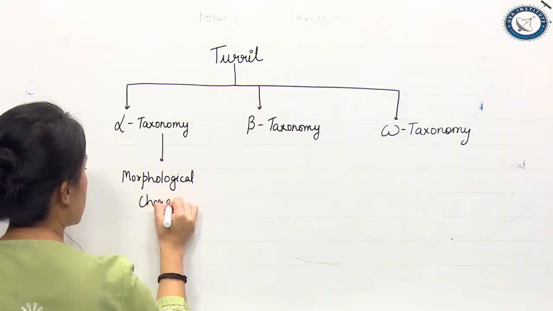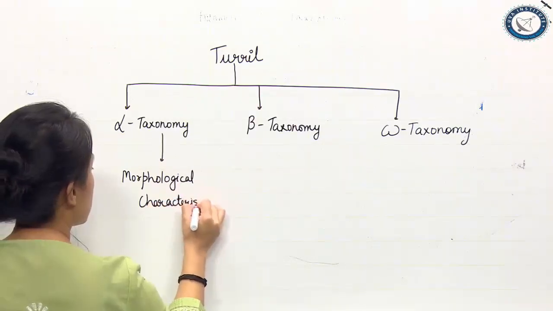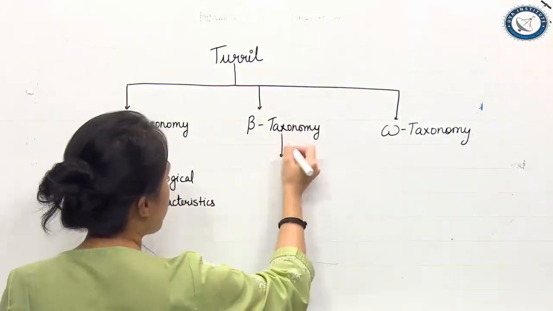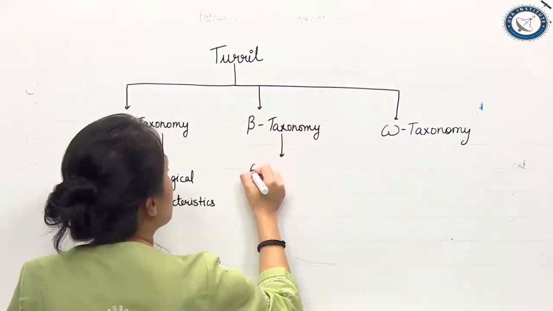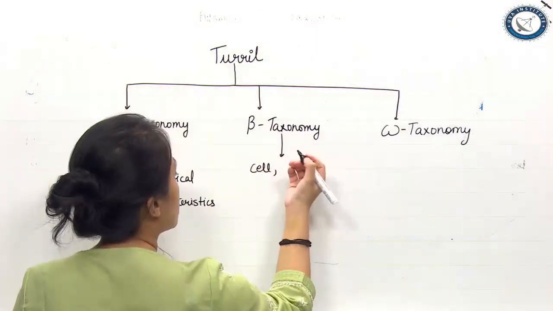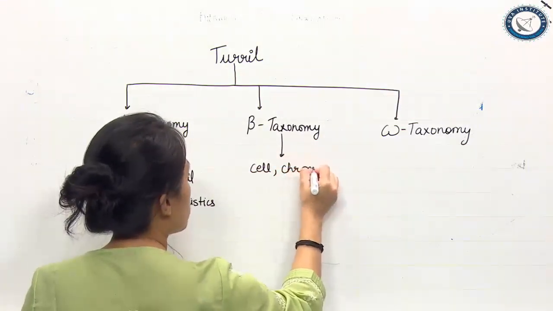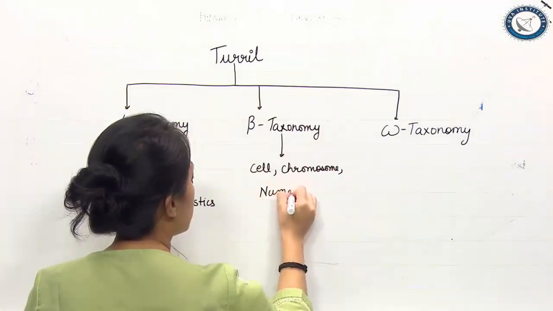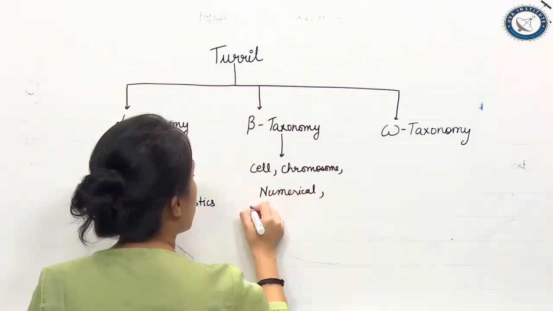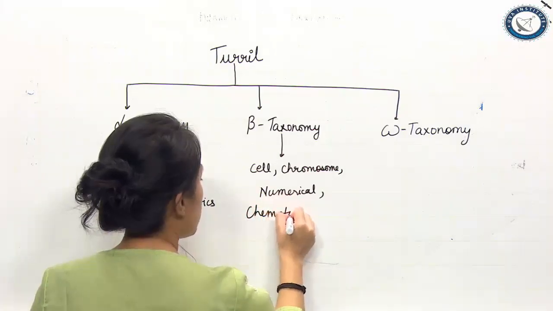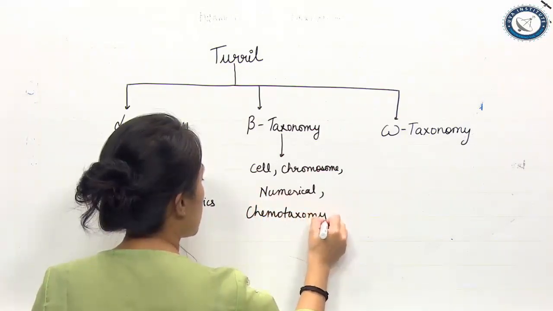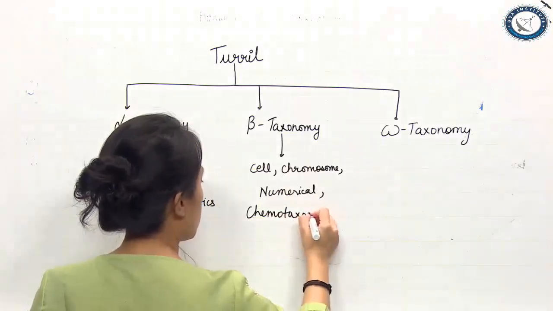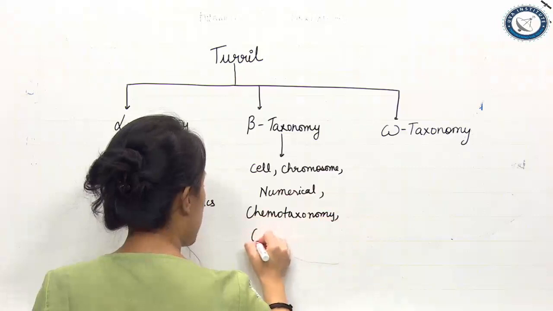And beta taxonomy deals with everything that says cell, chromosome, your numerical, chemotaxonomy, cytotaxonomy.